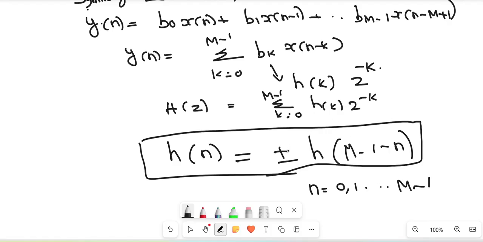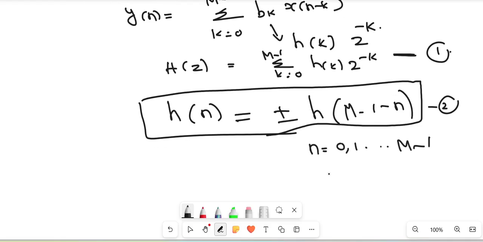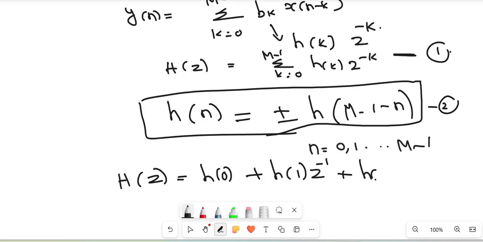When these symmetric and antisymmetric conditions are applied in this equation, you can write the system function H of z equal to h of 0 plus h of 1 into z inverse plus h of 2 into z power minus 2 plus ... h of M minus 1 into z power minus M minus 1.